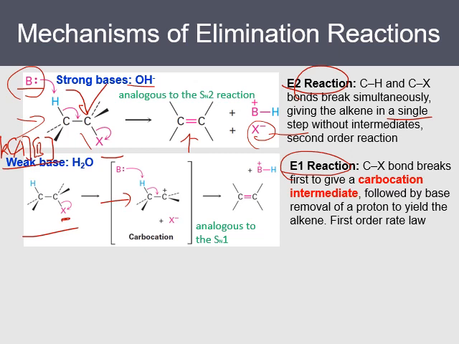Now in the SN1 reaction, the second step is a nucleophile attacking this carbocation to form the substituted product. But in E1 elimination, a base attacks the hydrogen adjacent to the carbocation, and the 2 electrons of the carbon-hydrogen bond go to the carbon-carbon bond and form the double bond.